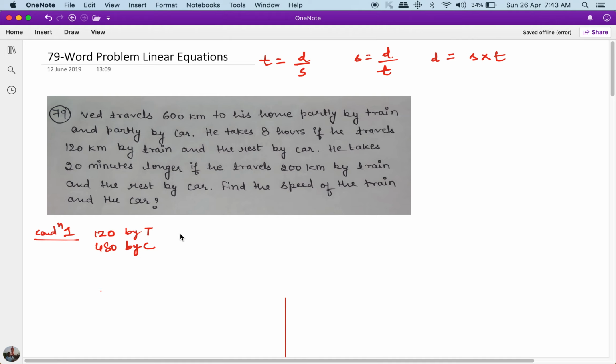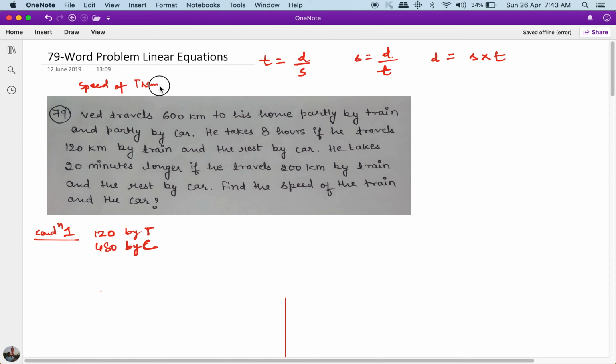It takes him 8 hours if he travels 120 kilometers by train and the rest by car. What it actually means is, what will be the time taken by Ved? So let's say the speed of the train is t and the speed of the car is c.